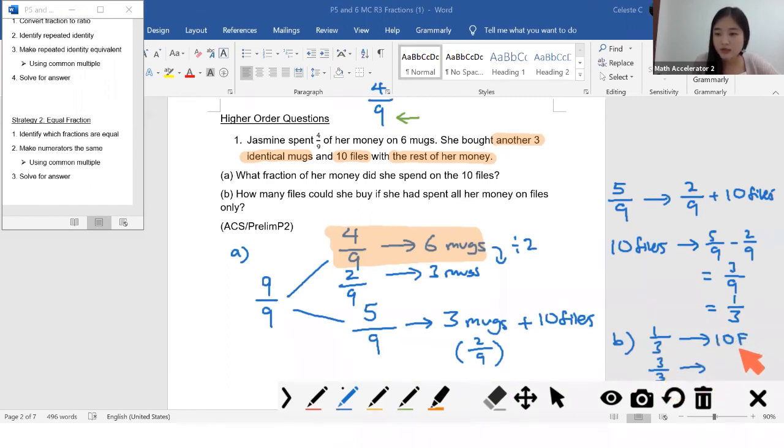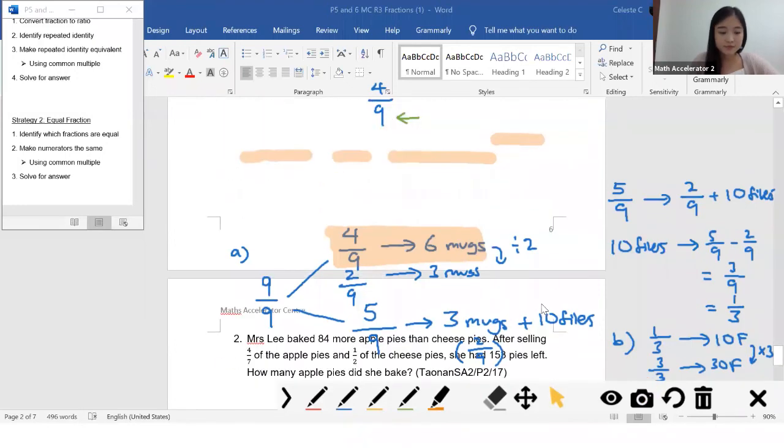Okay, so these 10 files times 3 to get 3 out of 3, so 30 files. Right, so part B, this is what you will get. About 4 or 5 marks. For this question.